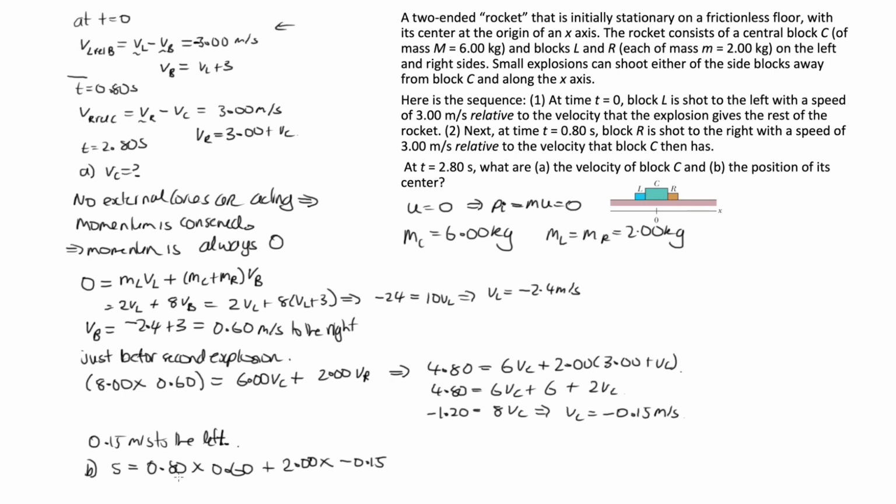So we're just doing the speed times the time for this 2.80 second time interval. And solving that, we end up with 0.18 meters. So it's traveled 0.18 meters to the right in that first 2.80 second time interval.